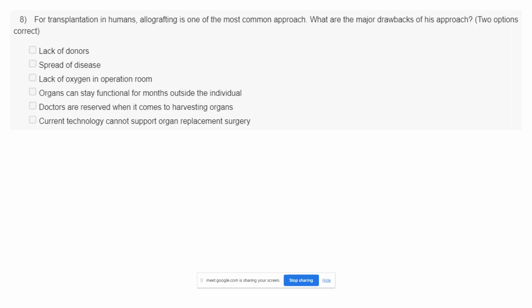You have to select two options: 1, lack of donors, and 2, spread of disease. One and two. Okay.